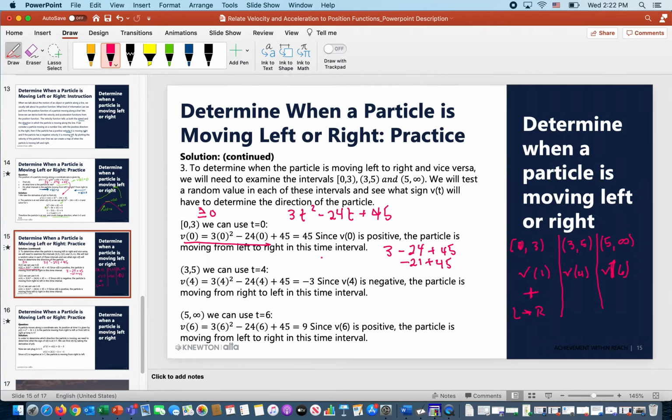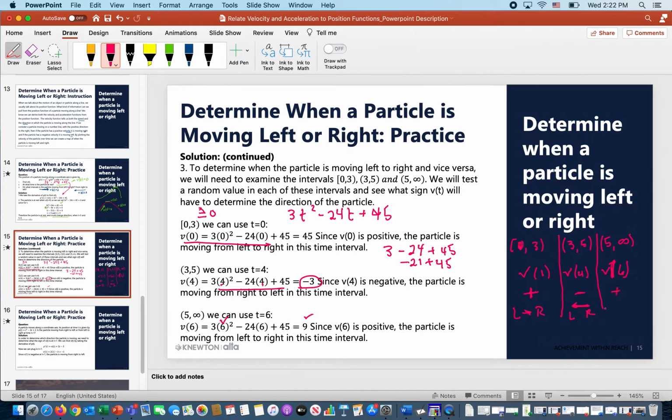So when I plug 4 in, right, I'm going to have 4 squared, 24 times 4. So if we do the math here, we're going to wind up with a negative value. A negative value indicates that the object is moving from right to left. In other words, it's moving towards the left, and that is a negative velocity. And then plugging in 6 for our velocity gives us a positive value.